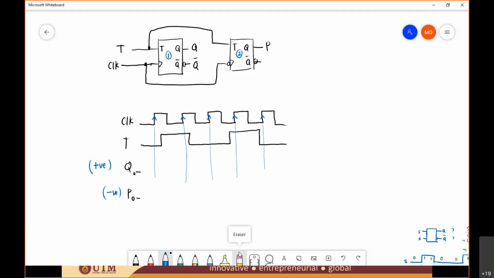Okay, and then get the truth table of the T flip-flop first. T, Q. When T is 0, what happens to your Q?